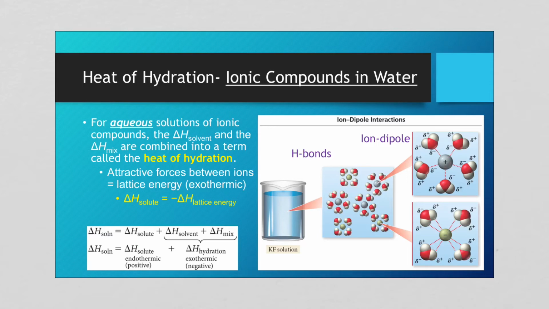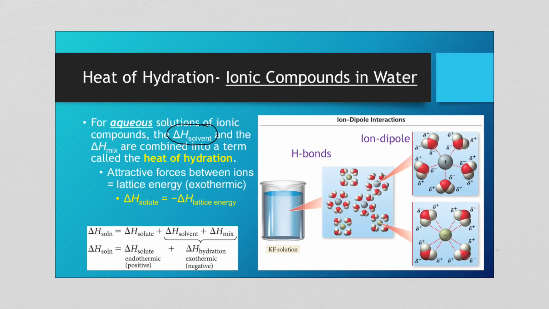So the heat of hydration is something that we think about when we mix an ionic material with water, and it has to do with developing these very strong ion-dipole interactions. Now, the way we get to that is we take the amount of energy it takes to break the water, the solvent, from each other, so to break those hydrogen bonds. So of course, that's going to be a positive value.